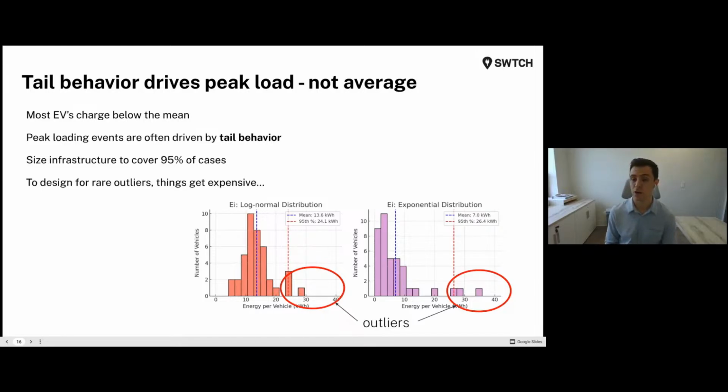And so by bringing down the infrastructure required, we can essentially increase EV accessibility by just getting more projects done, more EV chargers in the ground. And so the takeaway here is, if we want to design for the outliers, things get expensive. And there are some cases where we want to do that, but in the grand majority, we do not.